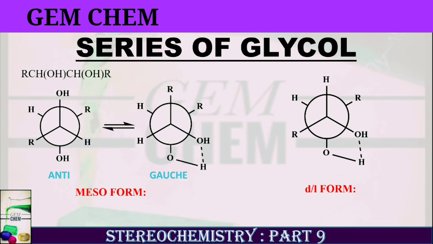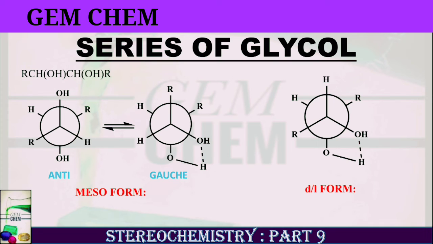In this case, R becomes bulkier and the hydrogen bond becomes stronger, because the OH, being the neighboring group to R, comes closer because of the repulsion from the bulkier R group. So the hydroxyl groups bend away from the bulky gauche alkyl group on the adjacent carbon, and thus they come towards each other.